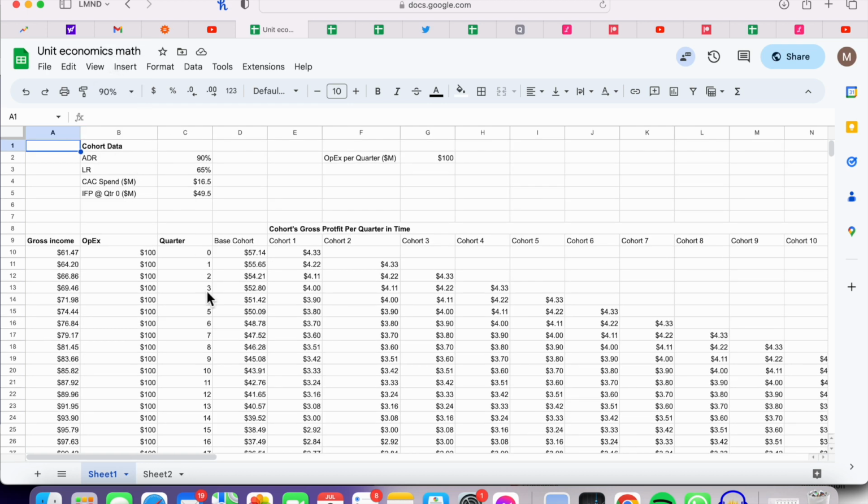the base cohort, which is all the existing customers, and then every cohort of customers for each quarter of time. You can think of each of these quarters going through time.